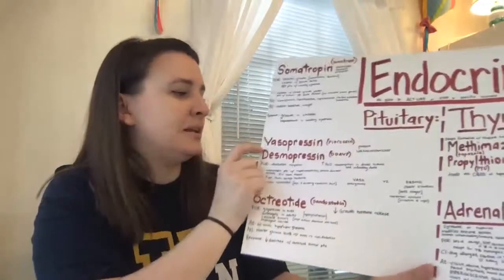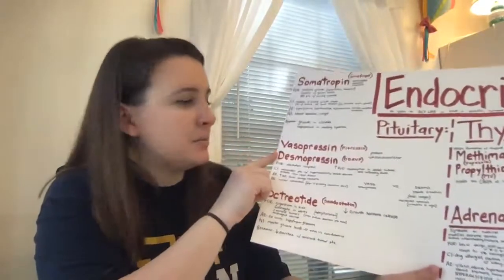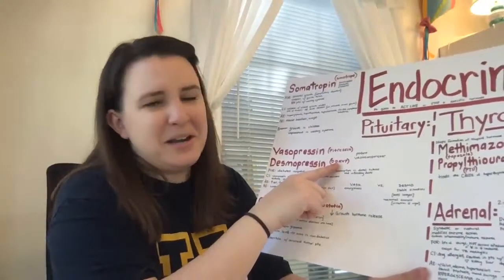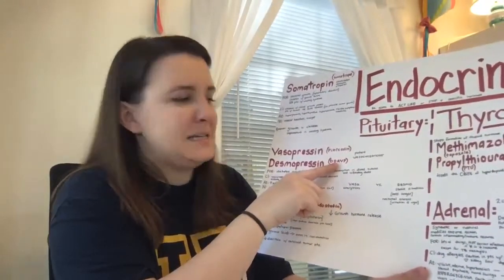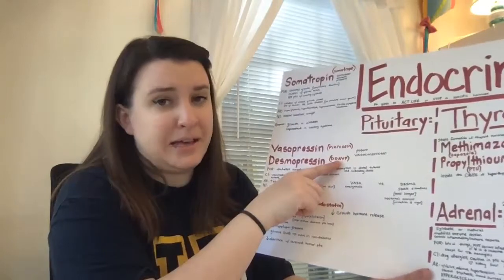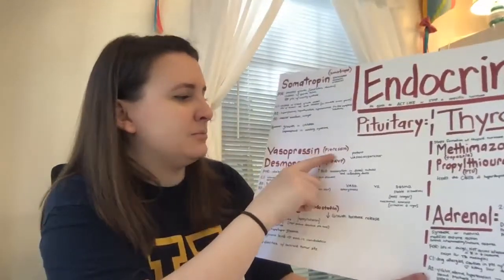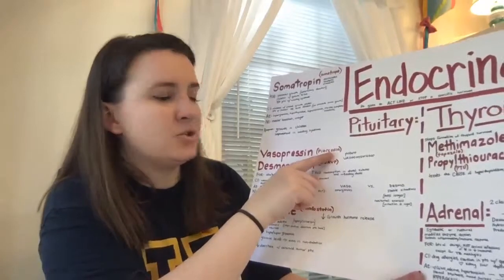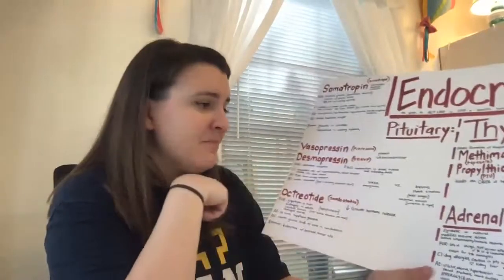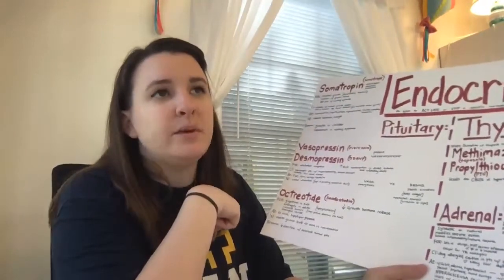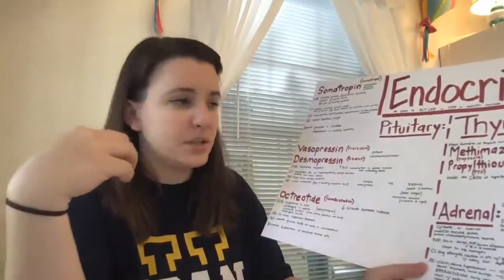So there is a little bit of a difference between vasopressin and desmopressin. Desmopressin, the brand name shorthand is DDAVP, I don't really know what that stands for. And then the brand name for vasopressin is Pitressin, maybe. So vasopressin is mostly used in emergencies, while desmopressin is for stable situations.